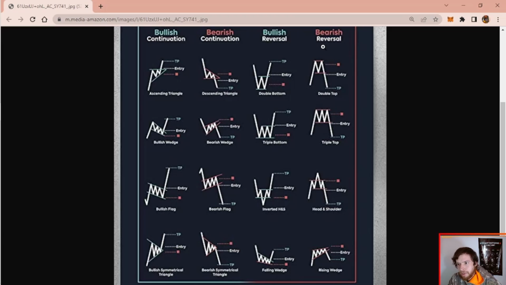So these are reversal patterns that would change the direction of our pattern instead of continuing the direction. We have our double bottom and double top. These you usually get a low followed by the same low, and then you'll go up, typically to where you broke down from, and your entry would be just above that, where you came down from for that second touchdown.